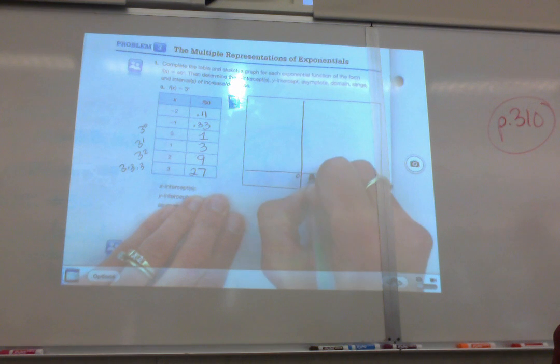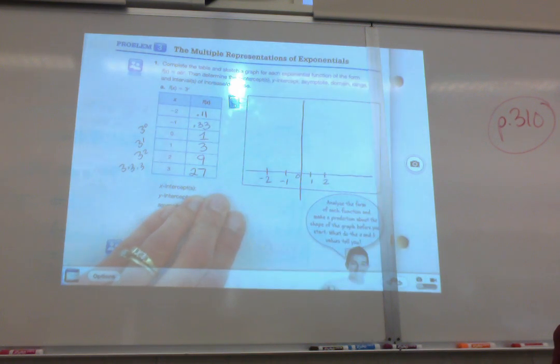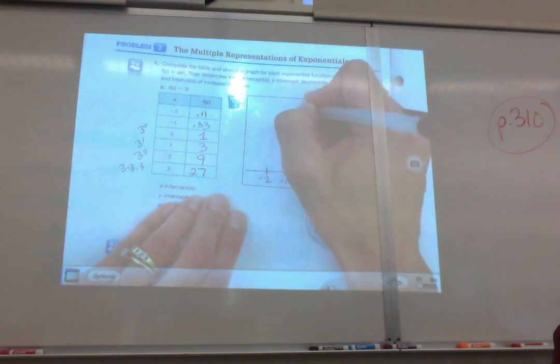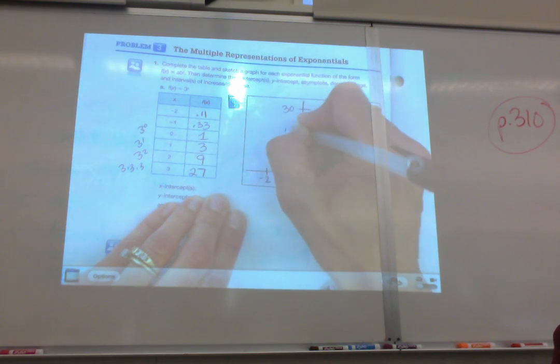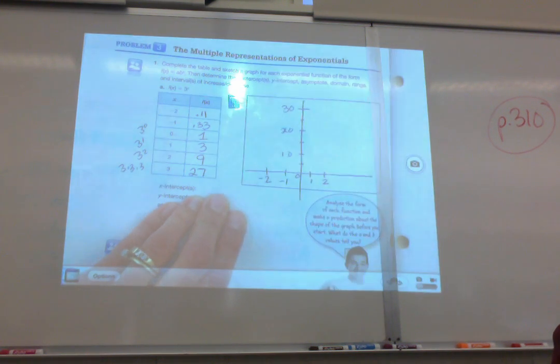But I need 0, 1, 2, -1, -2. That's all I need on the x-axis. I need to go all the way up to 27, so I think I'm going to go 30 and then divide that up. So that's 10, 20, and this will be 5s in between.